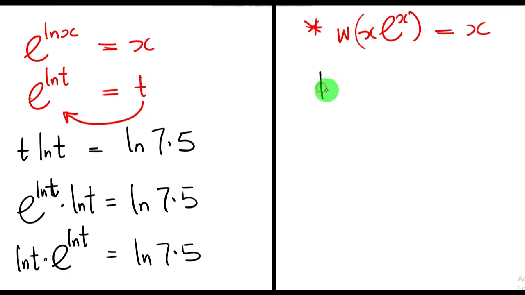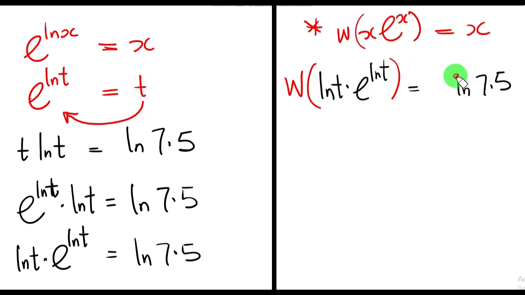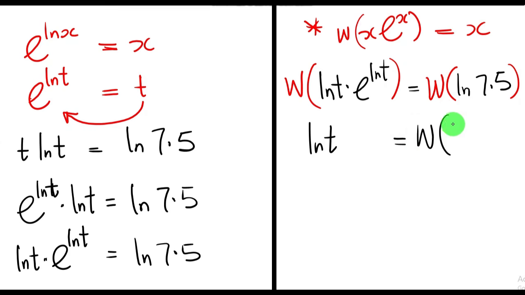I have ln t times exponential ln t equals ln 7.5. Applying the Lambert W function to both sides, we have ln t standing alone equals the Lambert W function of ln 7.5.